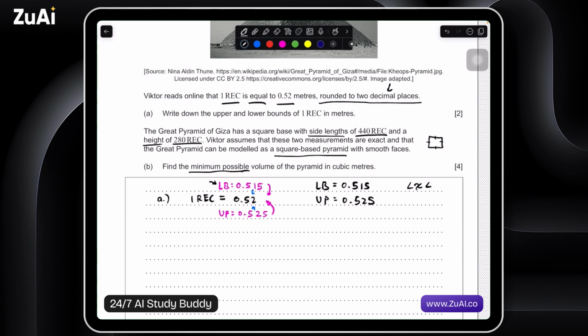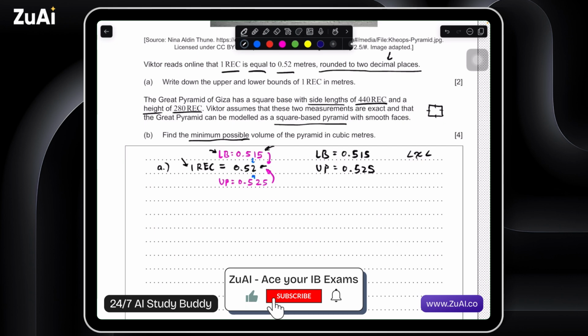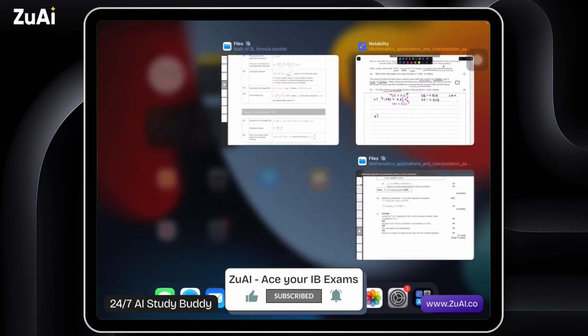So the minimum possible value, that tells us that we should be using our lower bound in this case. So if we have 1 REC is equal to 0.52, but potentially it could be actually a little lower since we're rounding. Let's use the lowest possible value to find out the absolute minimum volume of this pyramid. Okay. So let's go ahead and take a look. I'm hoping I have our formula booklet here, so we can just look at it together. Here it is.